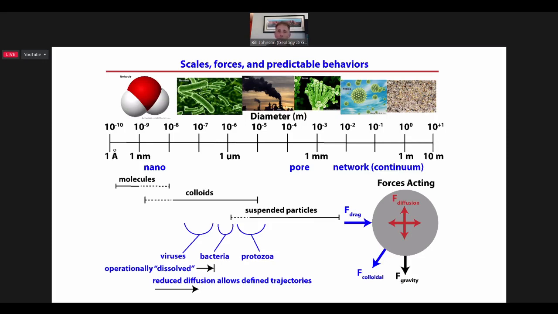So there's very important differences between these behaviors across this size range. And just to say, one important contrast here is that solutes can undergo reversible interaction with surfaces because of their high diffusion. Colloids don't tend to undergo reversible interaction with surfaces because of their low diffusion. And so that's an important contrast to keep in mind.